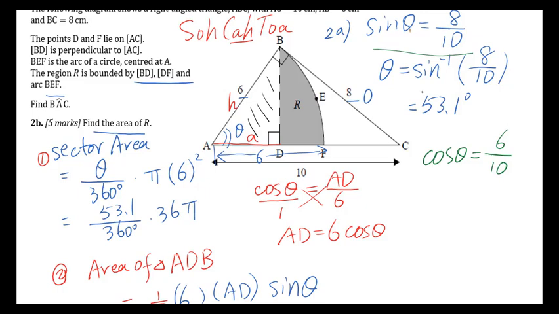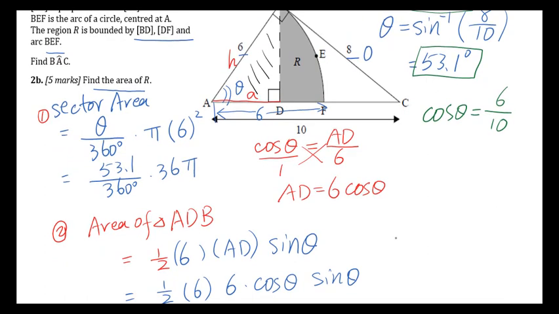Or you can just plug in this degree. This is really up to you. So we get 1/2 times 36 times 6/10 times 8/10.